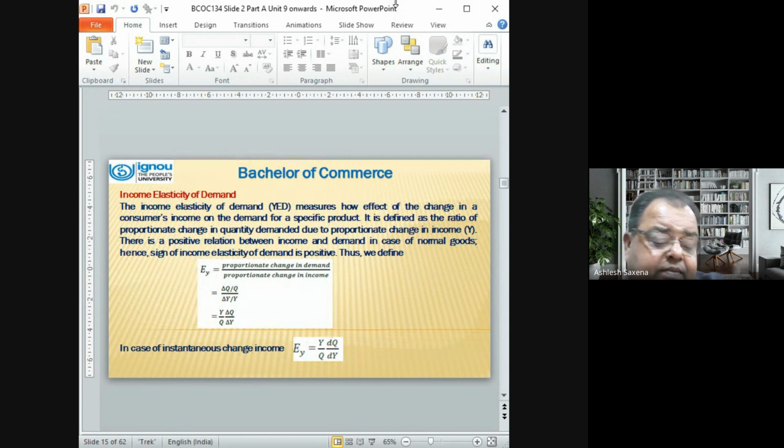Another concept is income elasticity of demand. The income elasticity of demand, YED, measures the effect of a change in the consumer's income on the demand for a specific product.